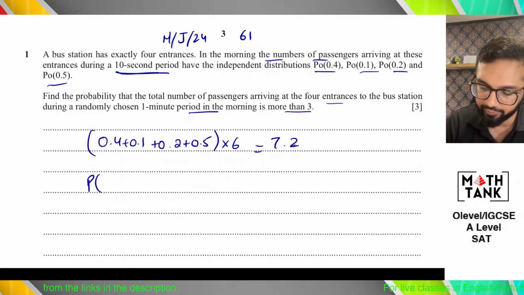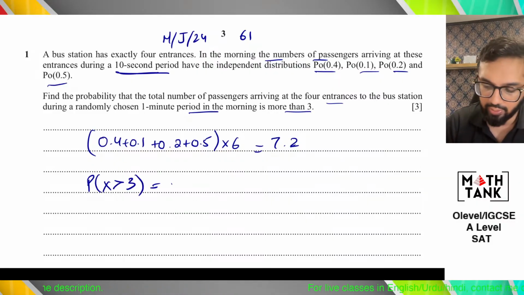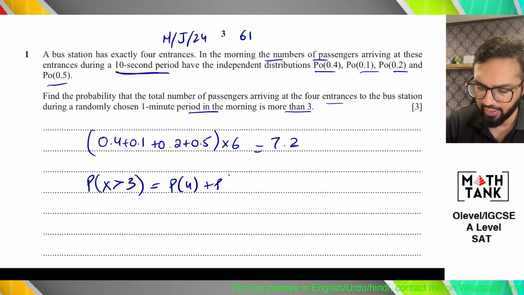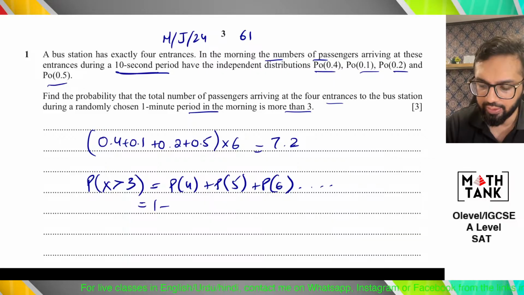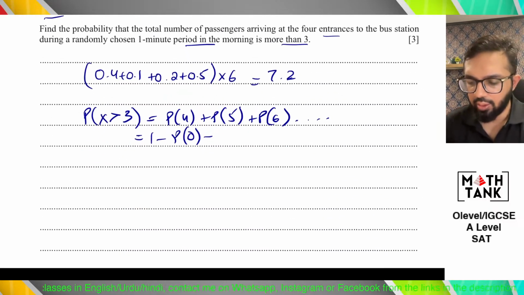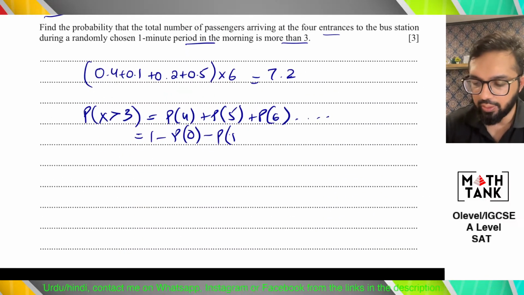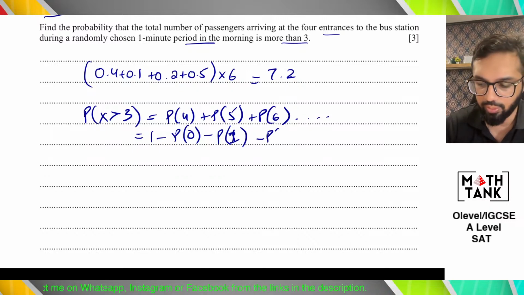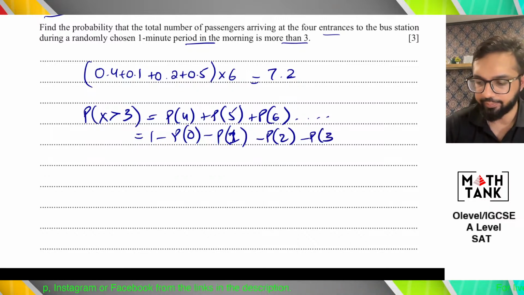And I want the probability that it is more than 3. I want the probabilities of 4, 5, 6, and so on. Instead, I'm going to do 1 minus the probability of 0, 1, 2, and 3.